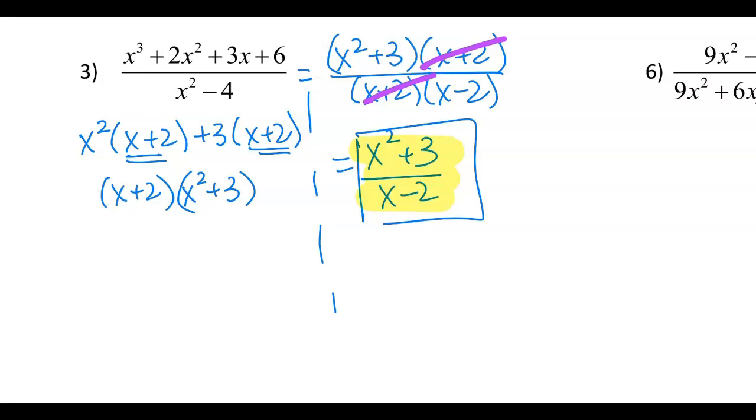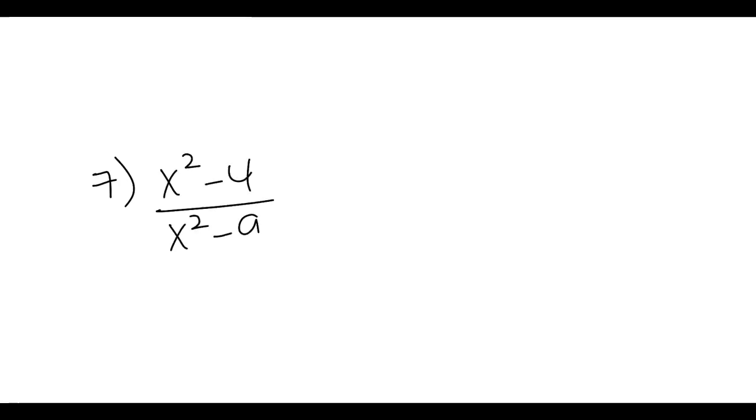There's one last question that I want to have you guys do. So at the bottom of the page, go ahead and get out just extra space, and I want you to add in this question number 7. X squared minus 4 over x squared minus 9.